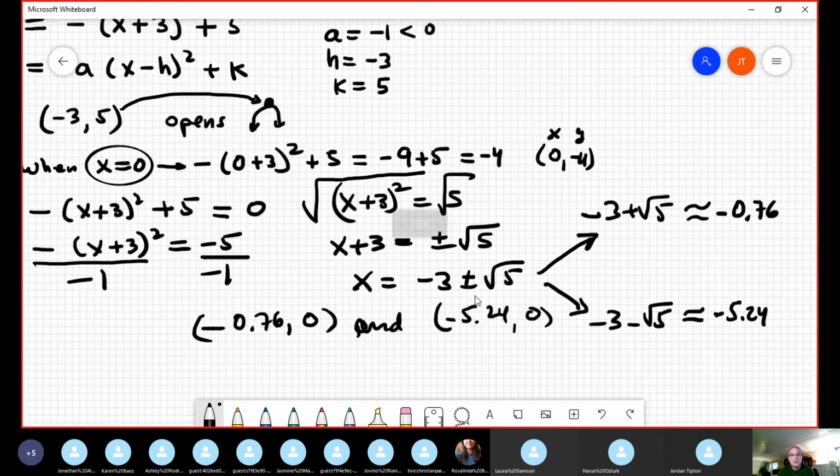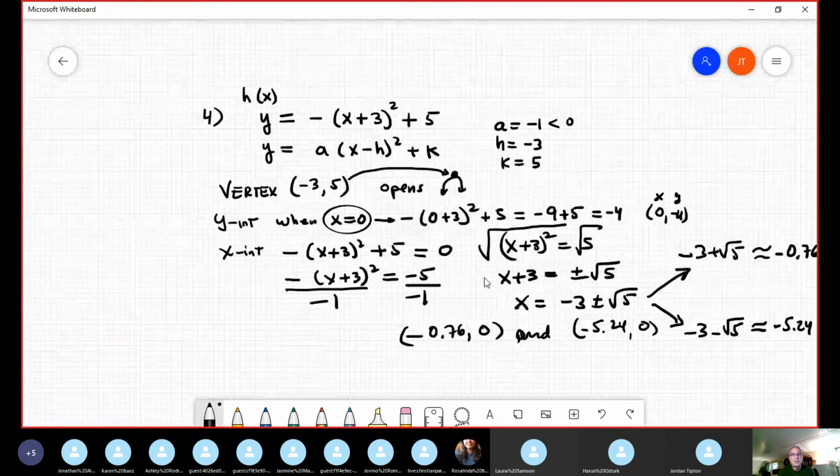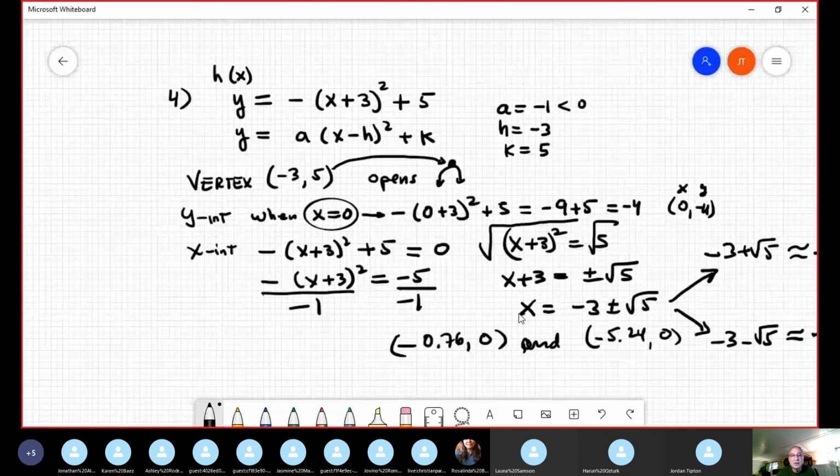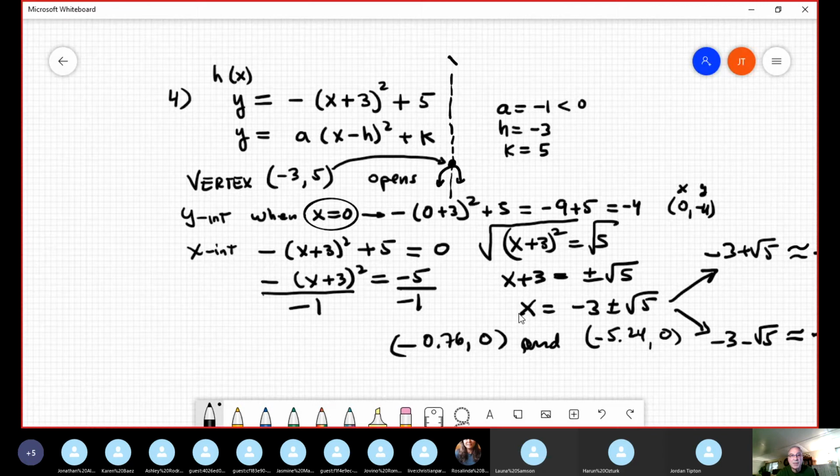Look, this is my picture so far. My picture is one parabola opening down. We have the axis of symmetry here, the vertical line at x equals -3. That's always the h value. This parabola crosses the x-axis at these points and crosses the y-axis at this point.